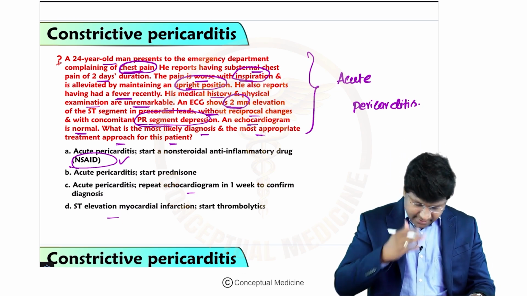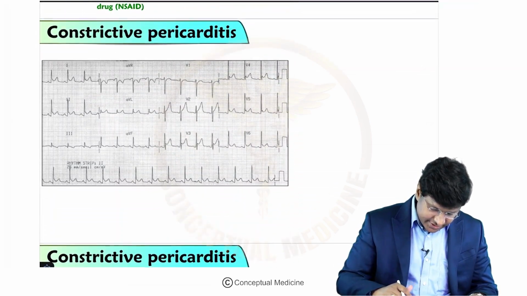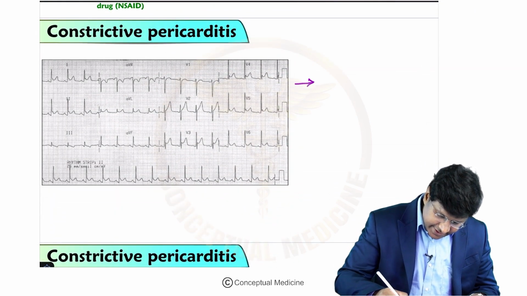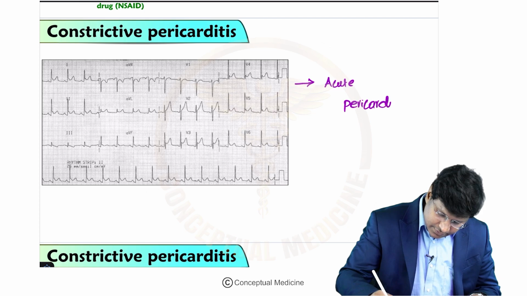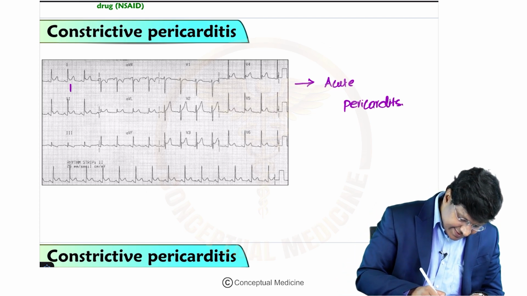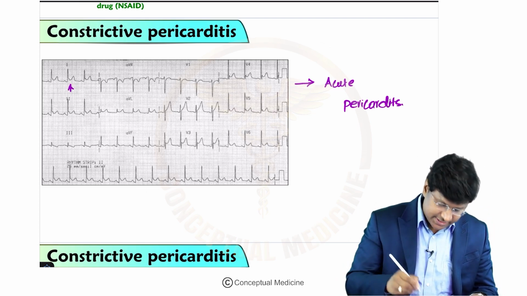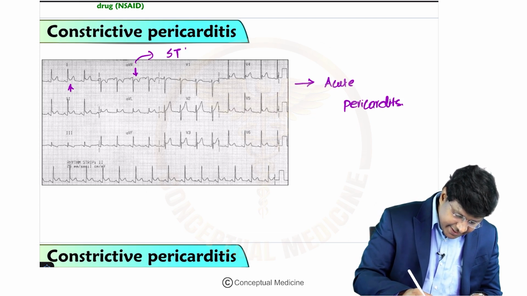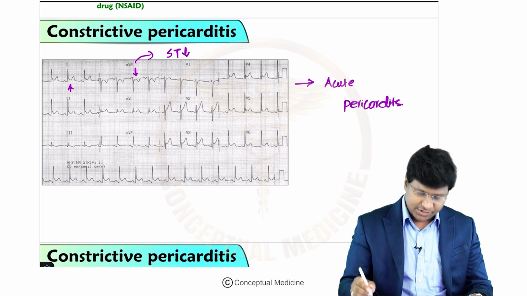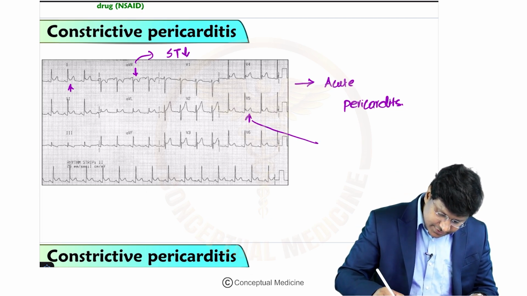Okay, and this will be the ECG in patients with acute pericarditis. So in acute pericarditis, you will have ST segment elevation in all the leads except AVR. In AVR, you have ST segment depression.